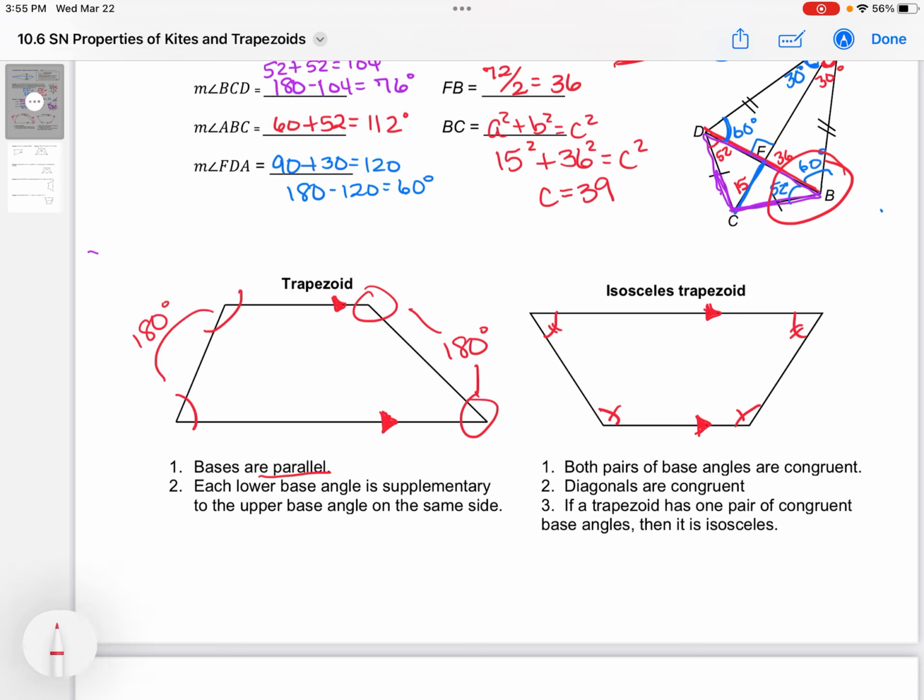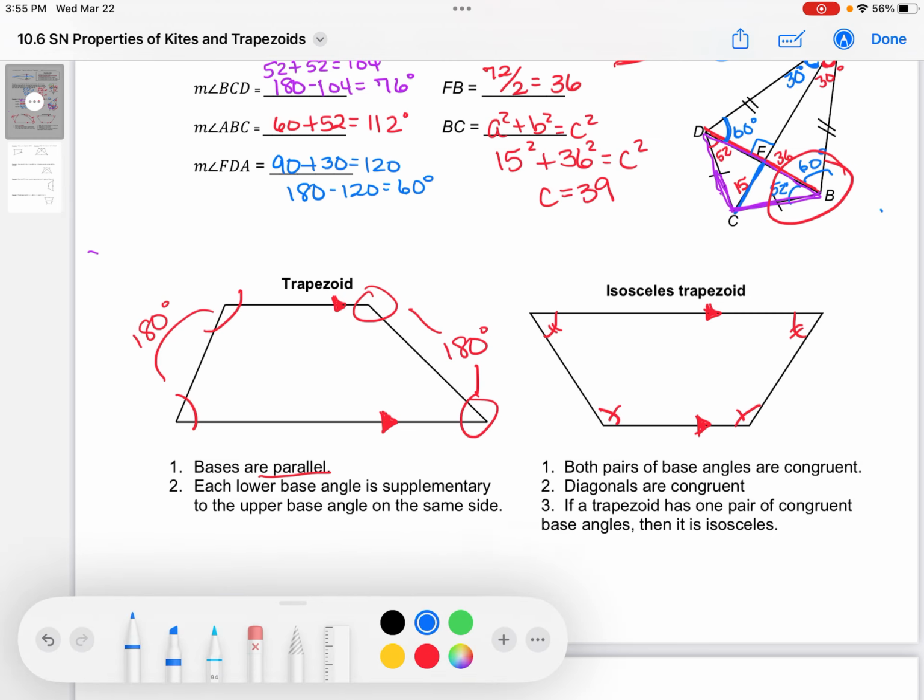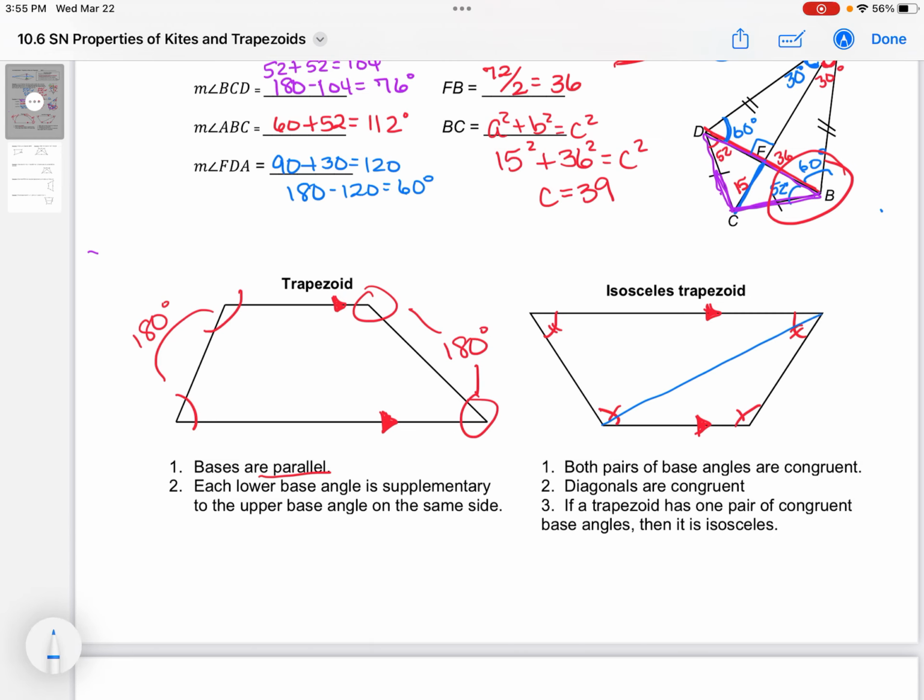Diagonals are congruent. So that means that if I draw this and this, those lines are equal to each other. So if it has one pair of congruent base angles, then it's isosceles. So you know if these are the same, then it's isosceles.